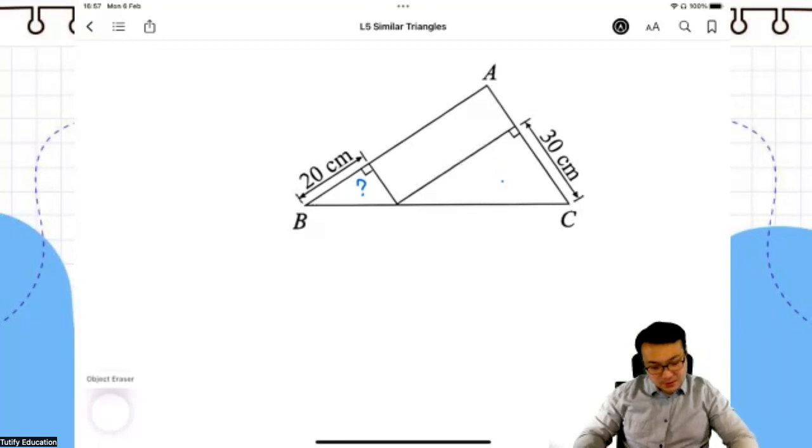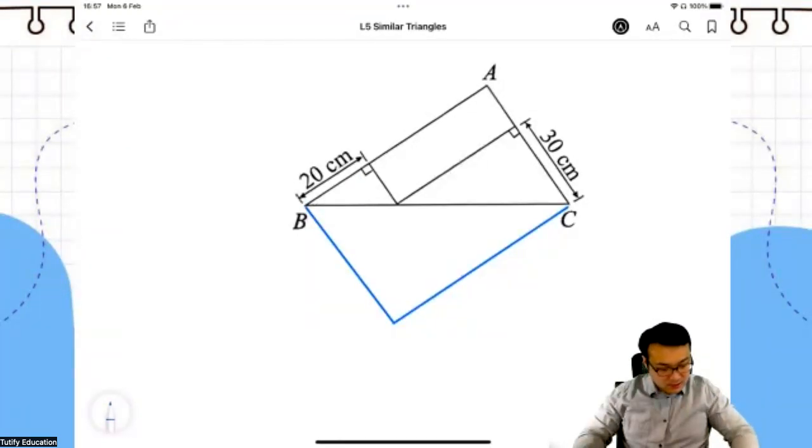So why don't we create a mirror image, everyone? Let's take a look here. I'm going to draw a line here, and another line here. Let me duplicate the exact triangle that we are seeing.